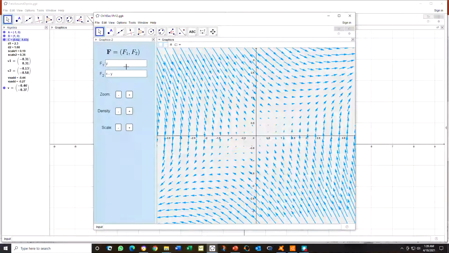So all we need to do is input, if we want a vector field, there's an x component and a y component. The x component of this force is F sub 1. The y component is F sub 2. So it allows us to enter what the x and y components of this vector field are.